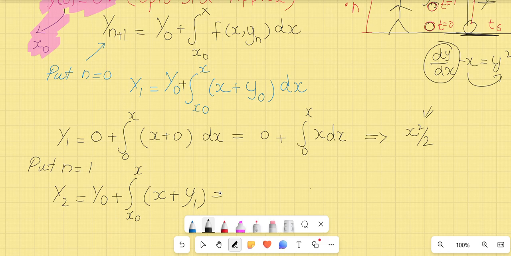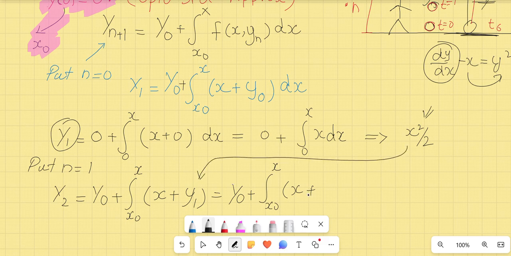So if we put y naught, x naught, the integral of x and x plus, and now we have y1 already. So we're going to put this value in here, x squared by 2, dx.